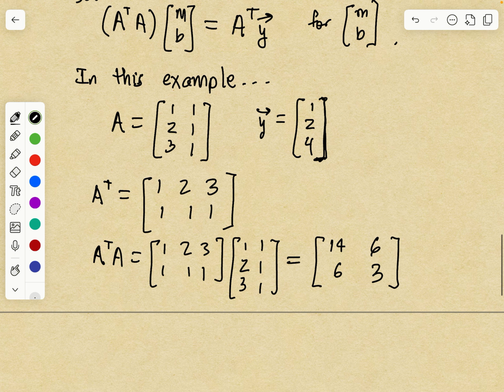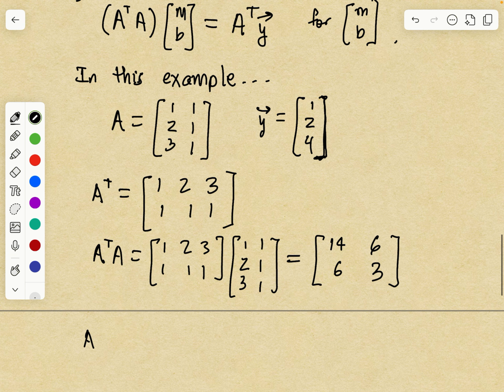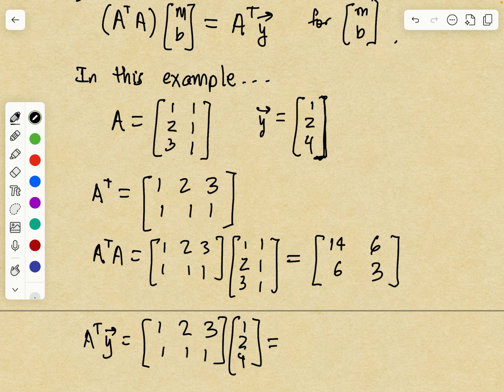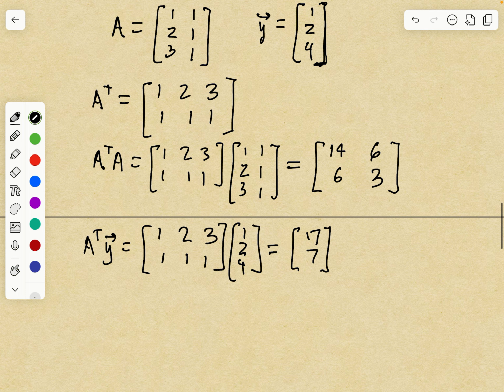We also need A transpose y. A transpose y is going to be this matrix times the vector 1, 2, 4, and that's going to equal 17, 7. So what we need to do is solve this system. It's this matrix times the vector MB equals that vector.